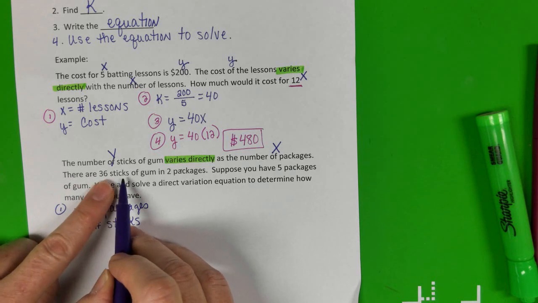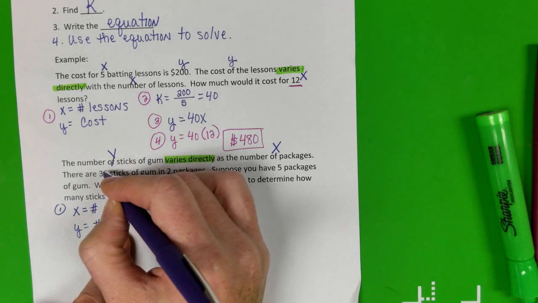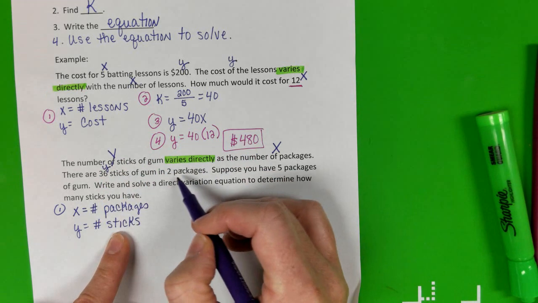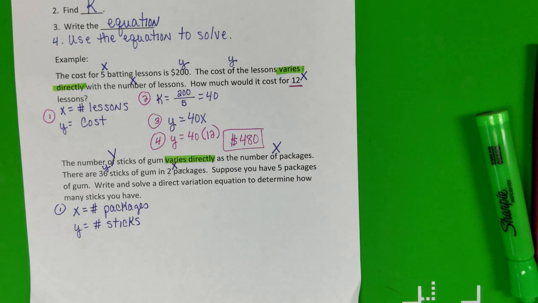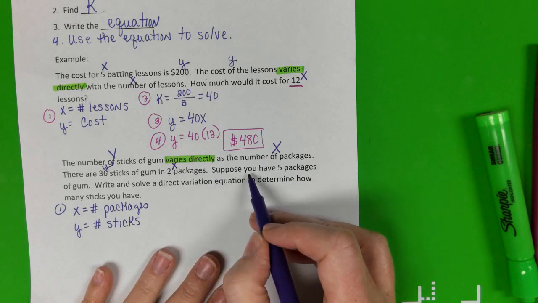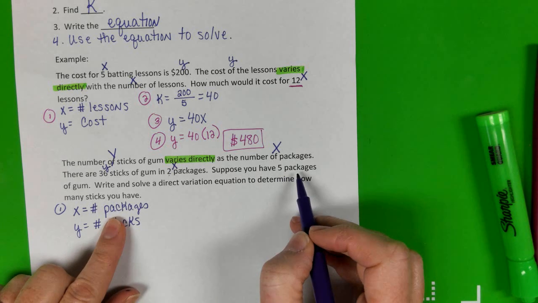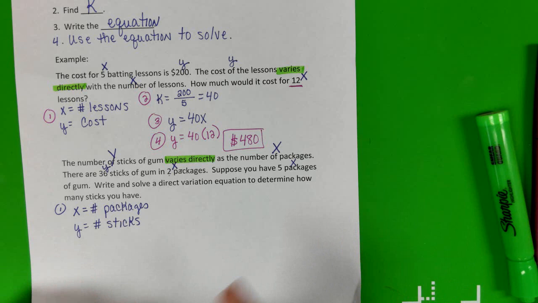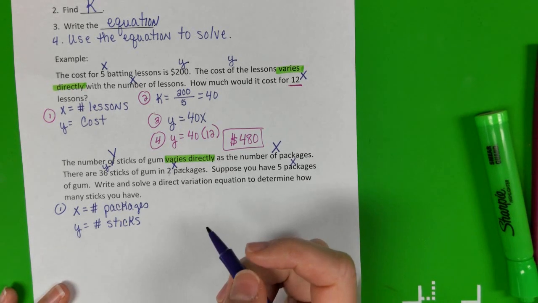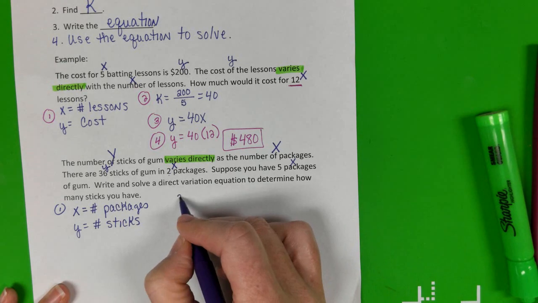There are 36 sticks. Okay, sticks is my y. Packages is my x. Every time I have to do this. It doesn't make sense to me if I don't do this. Suppose you have 5 packages. Okay, packages is my x. Perfect.